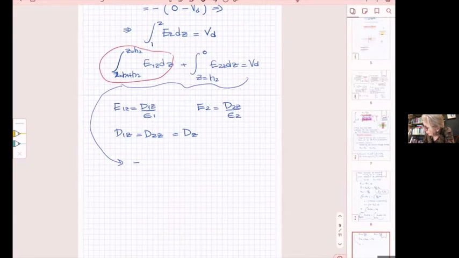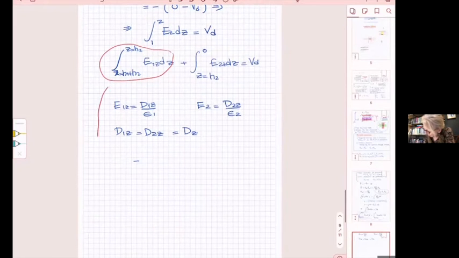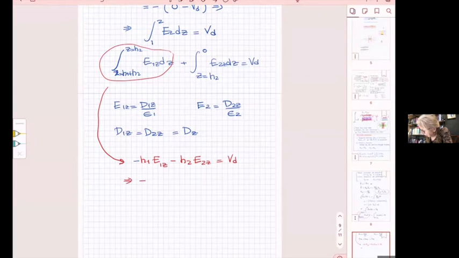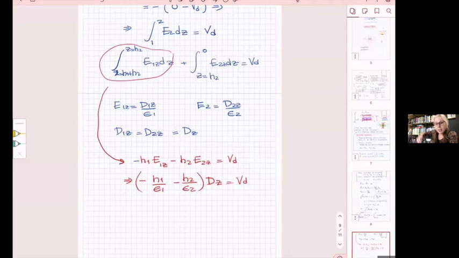So from the first integral here, we are going to have minus H1 E1Z. And from the second one, we're going to have minus H2 E2Z equals V sub D. And from here, we're going to have minus H1 over epsilon 1 minus H2 over epsilon 2, times D_Z, equals V sub D. Okay, now the negative signs are coming because of the negative direction of the electric field.